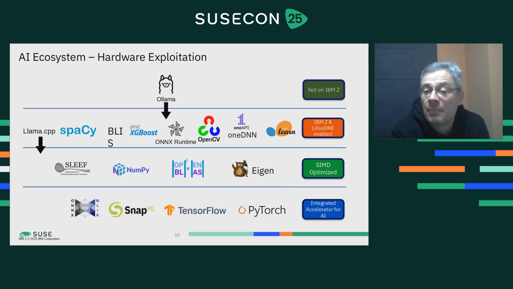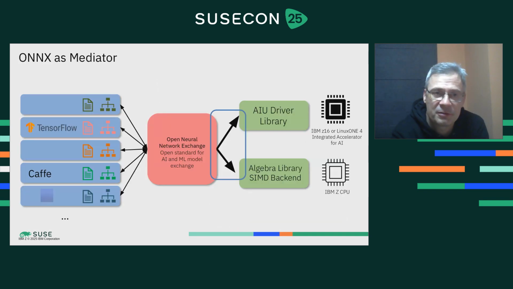And out of these, NumPy is actually in the process of moving on to the highest form of support, which would be the exploitation of the Integrated Accelerator for AI. So ONNX-MLIR, SnapML, TensorFlow, PyTorch, they already do so. They are exercising not only SIMD optimization, but also the AI unit on our chips.